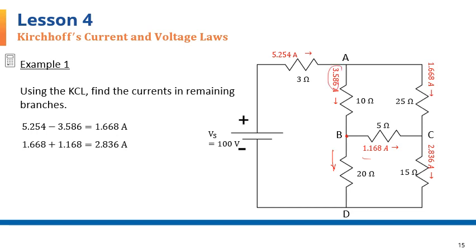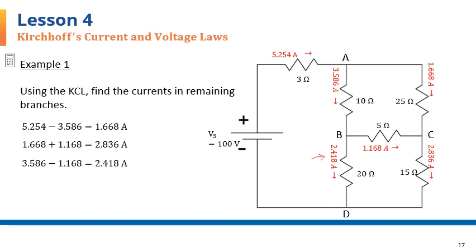So much is coming in, part of it is going out this way. The difference has to be flowing this way and into this branch. So by subtracting this current from this current, we'll find the current in BD in the 20 ohm resistor, and that comes to 2.418 shown here.